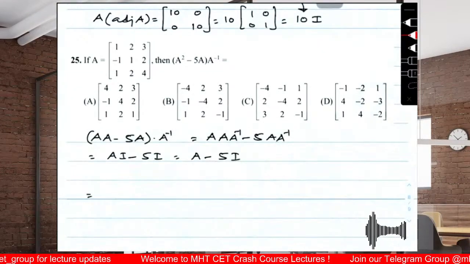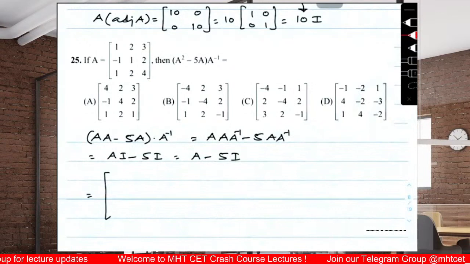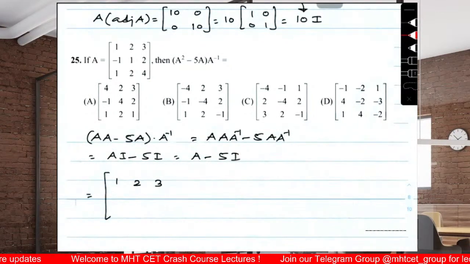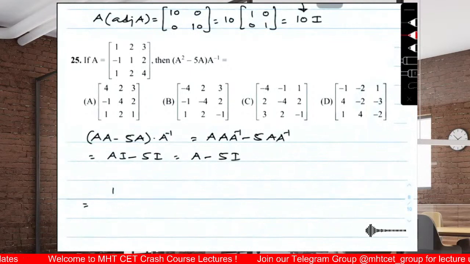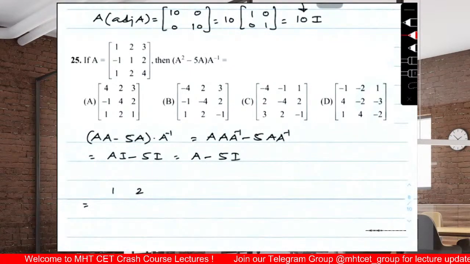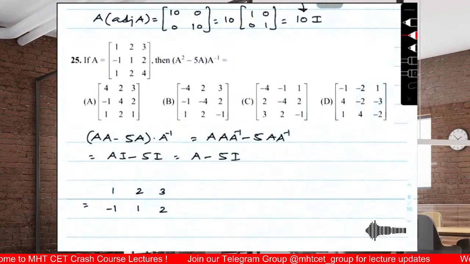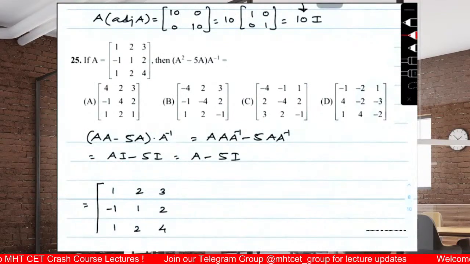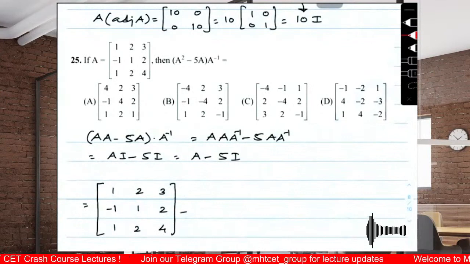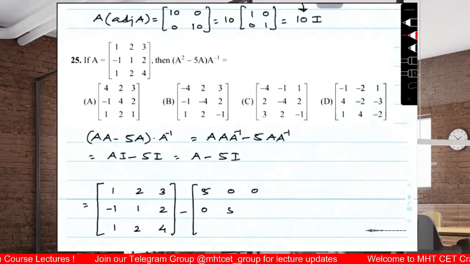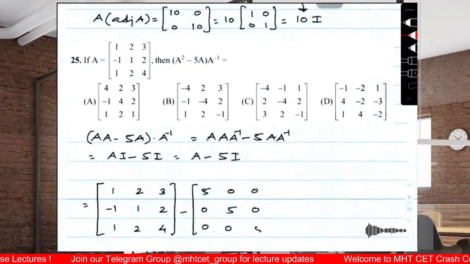Okay, so matrix A is 1 2 3, minus 1 1 2, 1 2 4. Minus 5 into I will be minus 5 0 0, 0 5 0, 0 0 5.